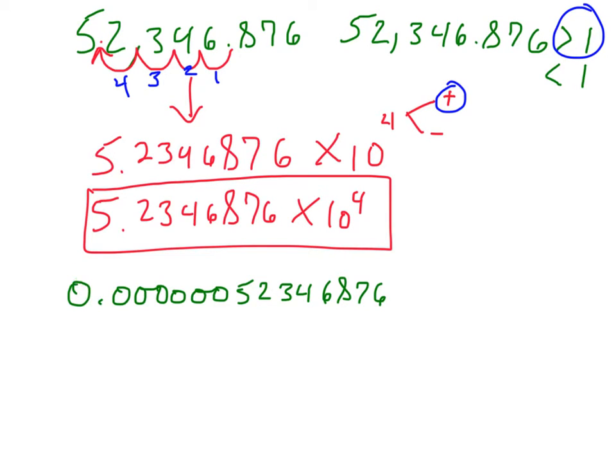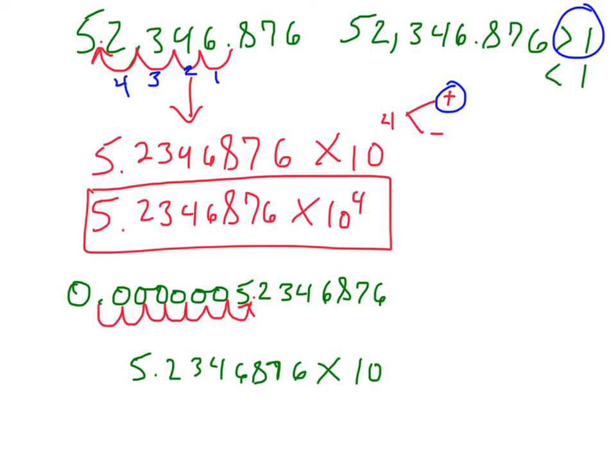So there's our decimal point, and now we're going to move it so that it's behind the first non-zero digit. So now we rewrite the number 5.2346876.